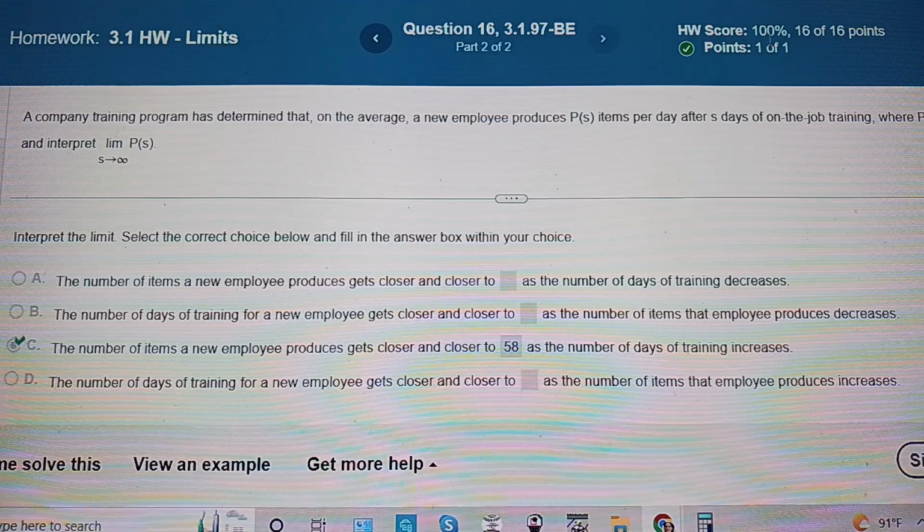So there's 100% on section 3.1 homework, all 16 problems. And there's your first taste of actual calculus concepts, limits. Calculus was independently discovered or invented in the 1600s, about 400 years ago, and famously by Isaac Newton, who also created the laws of gravity, or discovered those.